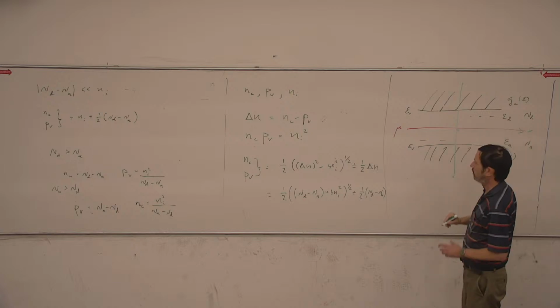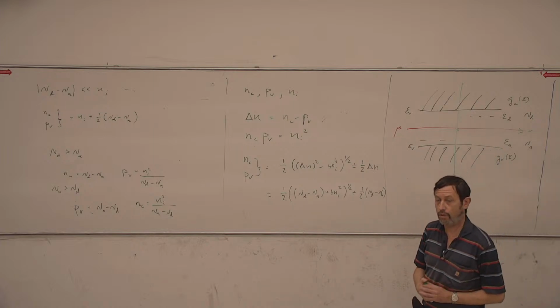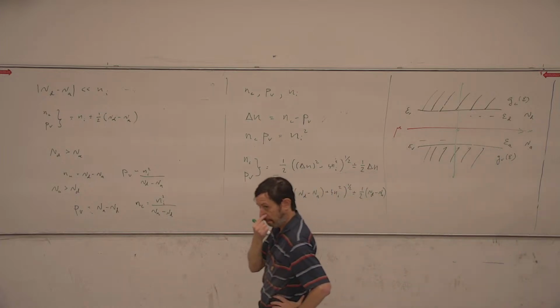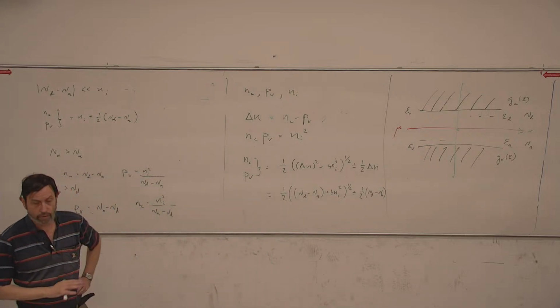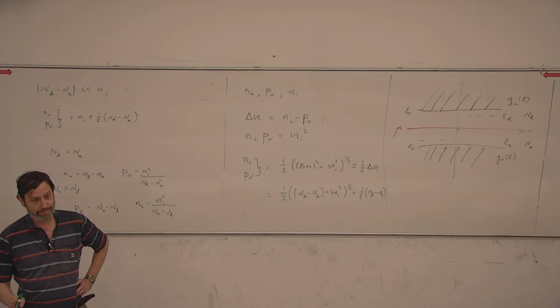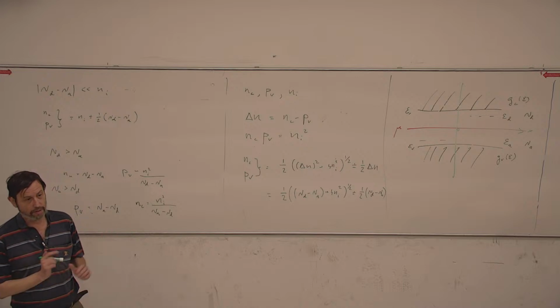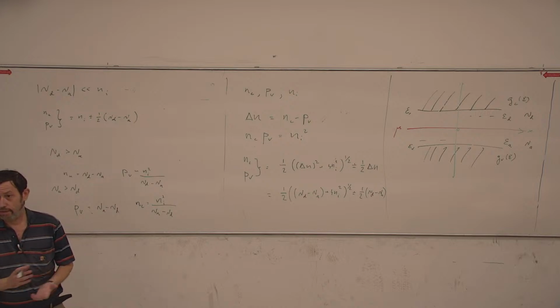X, and let's look at the situation where I have only donors to the right for x larger than 0 and only acceptors to the left, x smaller than 0.